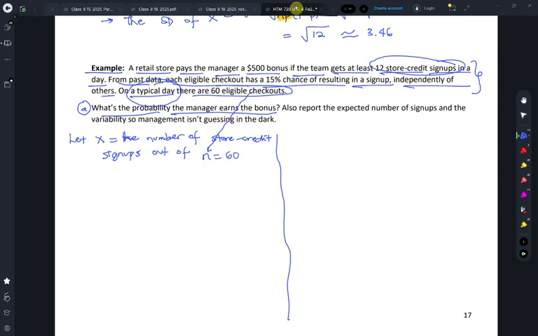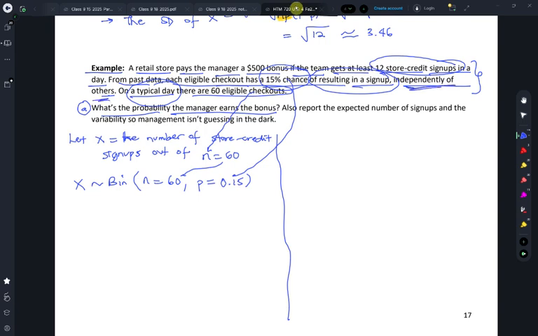So with that said, my X follows a binomial distribution with n equals 60 people to be tried to see if they will sign up or not, and with a probability of 15%, because there's a 15% chance that results in a sign-up, and it's independent of others.